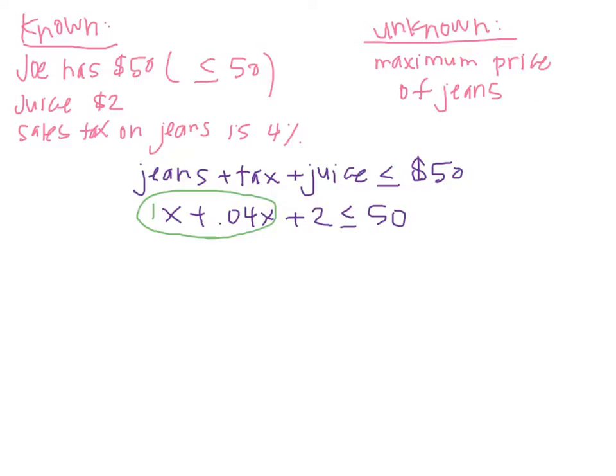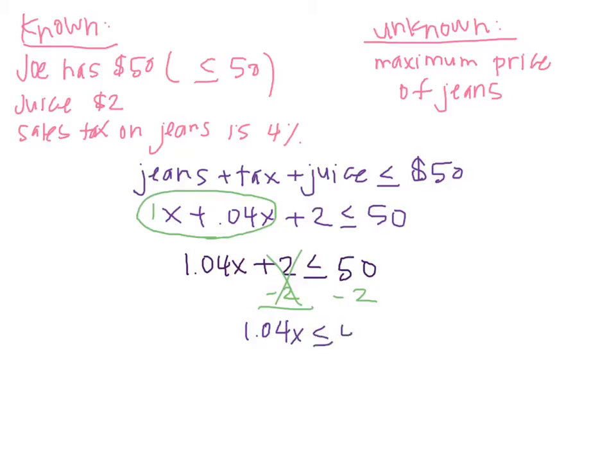So when I add 1 plus 0.04, I get 1.04x. Bring down plus 2, bring down our inequality symbol, and bring down 50. Next, I need to get rid of my constant, so I subtract 2 from both sides. 2 minus 2 cancels out. I have 1.04x is less than or equal to 48.